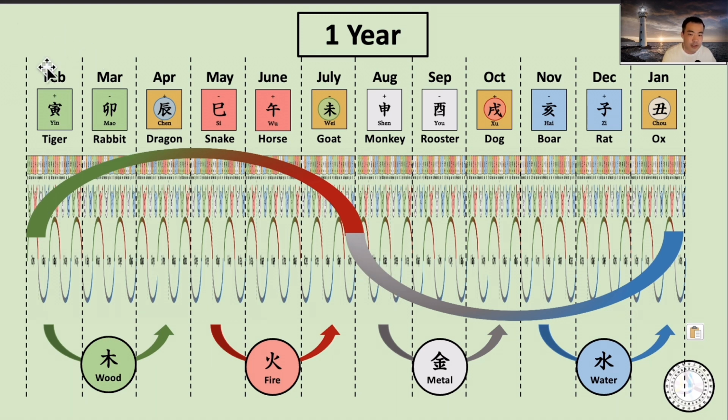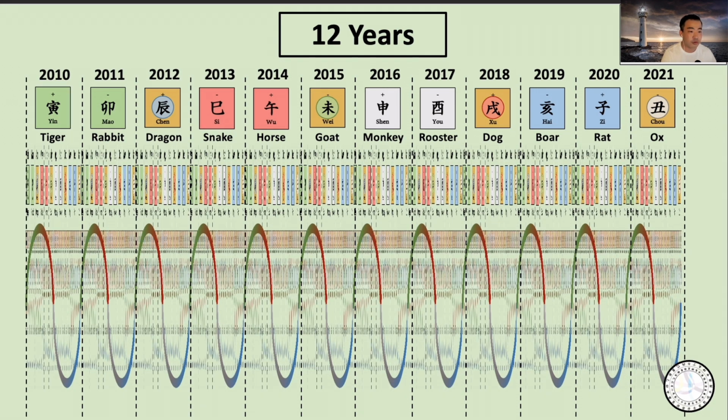Again, I erased the heavenly stem because the earthly branches of each month are the same for every year. April is always dragon month every year. September is always monkey. And heavenly stems are different. So if we consider this as a 1 year cycle, 6 months are yang, 6 months are yin. What if we draw 12 years?